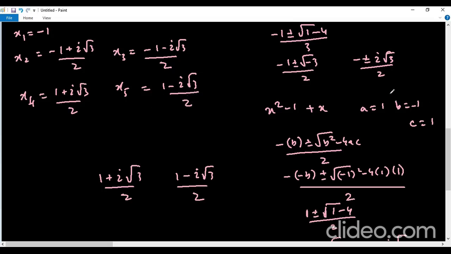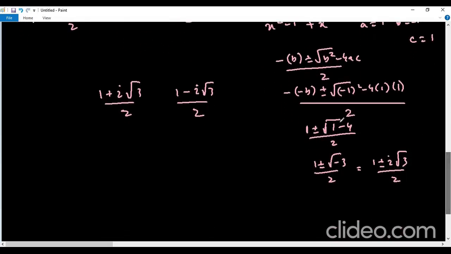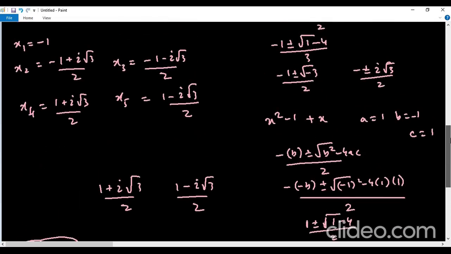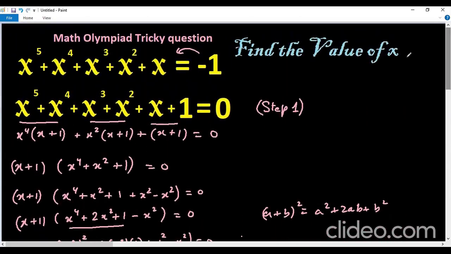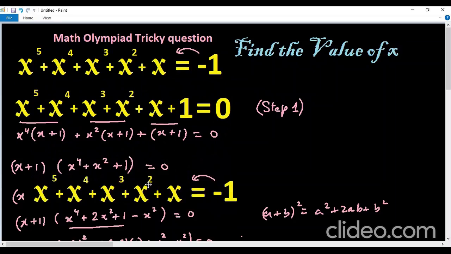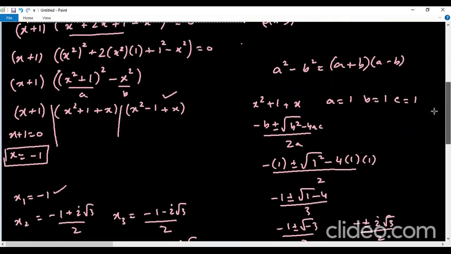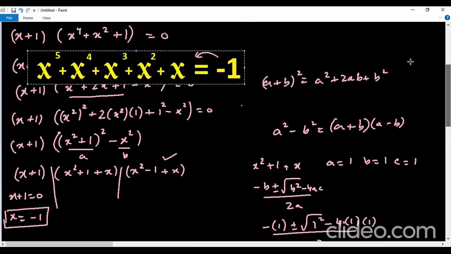Now we just need to check if we have done it right or wrong. So I will be using negative 1 because we have found out this value, negative 1, over here. According to the question, it should satisfy the given question. I'm copying this down below, and let's see if we find out this value.